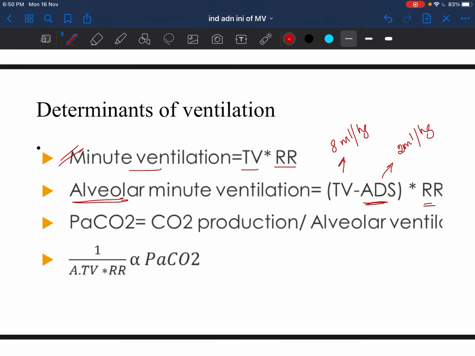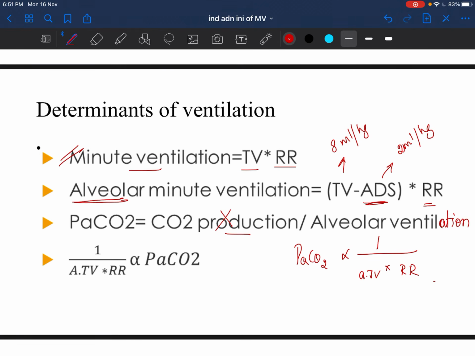Your carbon dioxide concentration, on the other hand, is dependent upon carbon dioxide production in blood divided by alveolar ventilation. I am sorry, I am losing the letters here, right. If you do not want to take this carbon dioxide production into account, you can just say your arterial carbon dioxide concentration is inversely proportional to that of alveolar ventilation, which is calculated as alveolar tidal volume into respiratory rate.